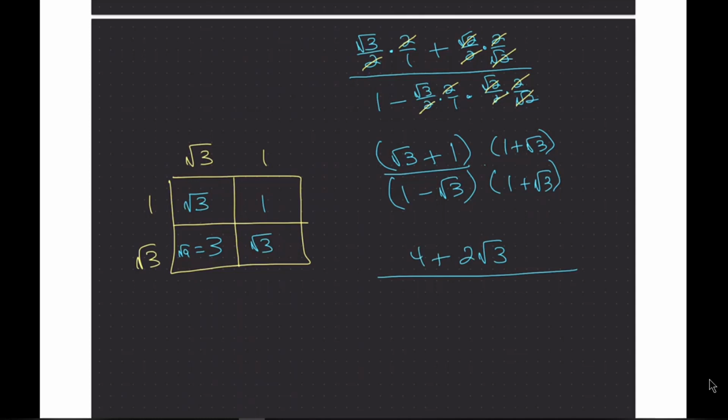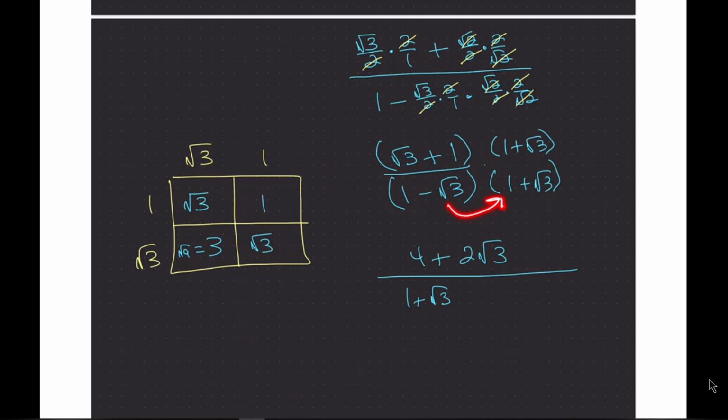In the denominator, we're going to go ahead and use the FOIL. So usually FOIL goes with first, outer, inner, last. So you're actually just taking each one of these terms and you're sharing it with both of these, taking this term and sharing it with both of those. 1 times 1 is 1. 1 times square root of 3 is a positive square root of 3.